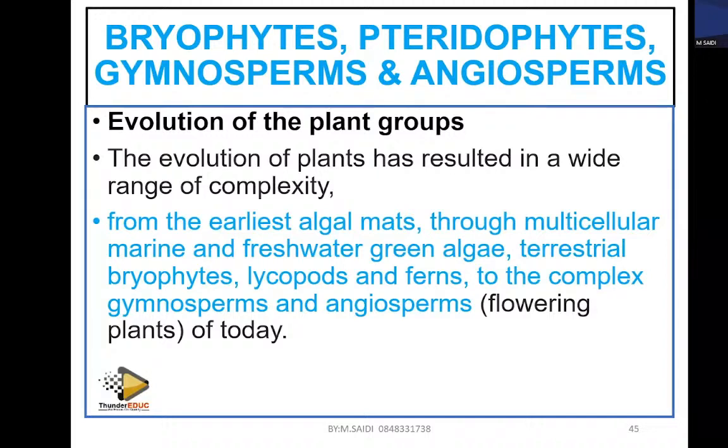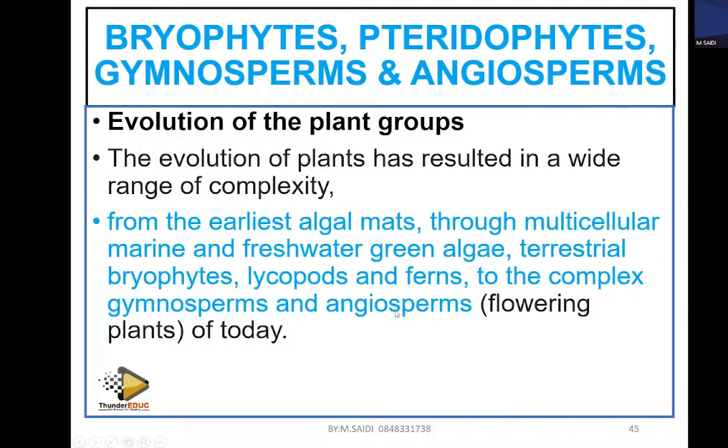And then the pteridophytes modified slowly into the gymnosperms. And then the gymnosperms developed more into the angiosperms. So today we have the angiosperms as the most developed plants. But what do the words gymnosperm, angiosperm, pteridophyte, bryophyte mean?